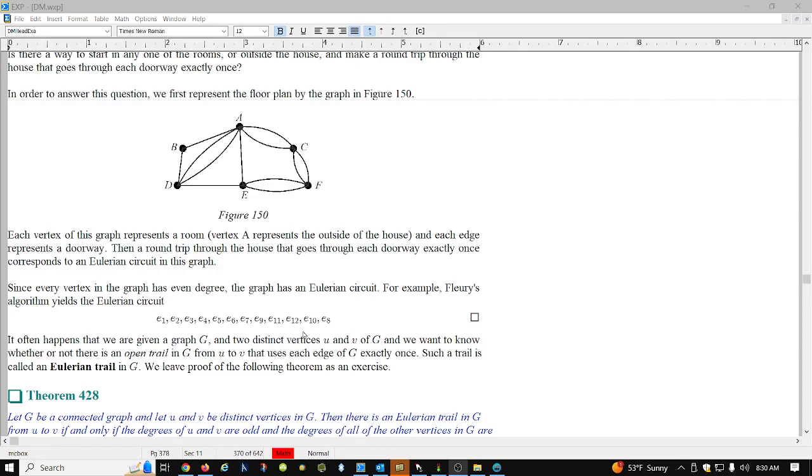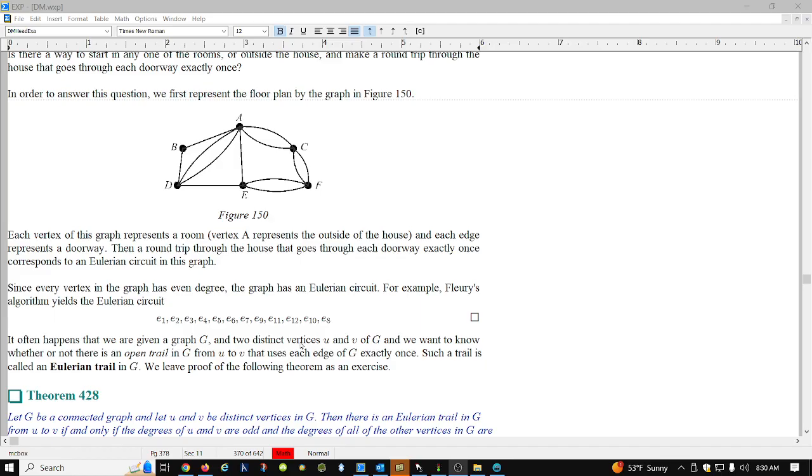Now, as a slight variation on this question of the existence and construction of an Eulerian circuit, it often happens in applications that you have a graph and you have two distinct vertices, U and V, and you want to know whether or not there's an open trail in G from U to V that uses each edge in the graph exactly once.